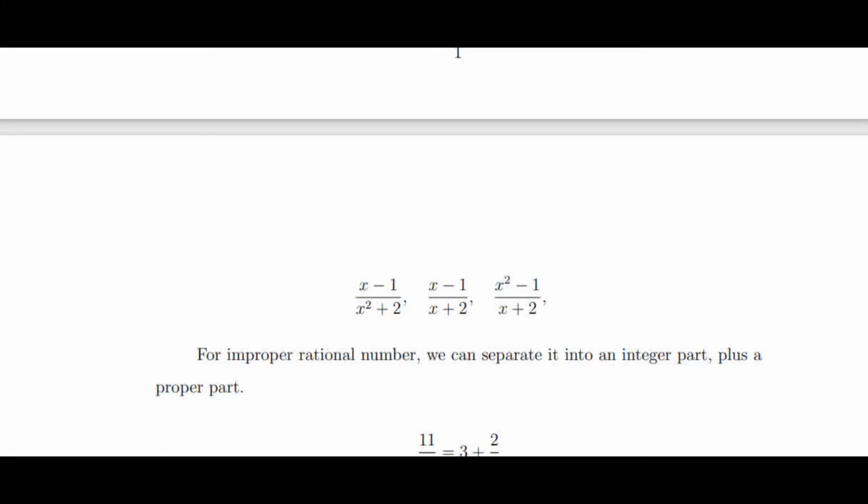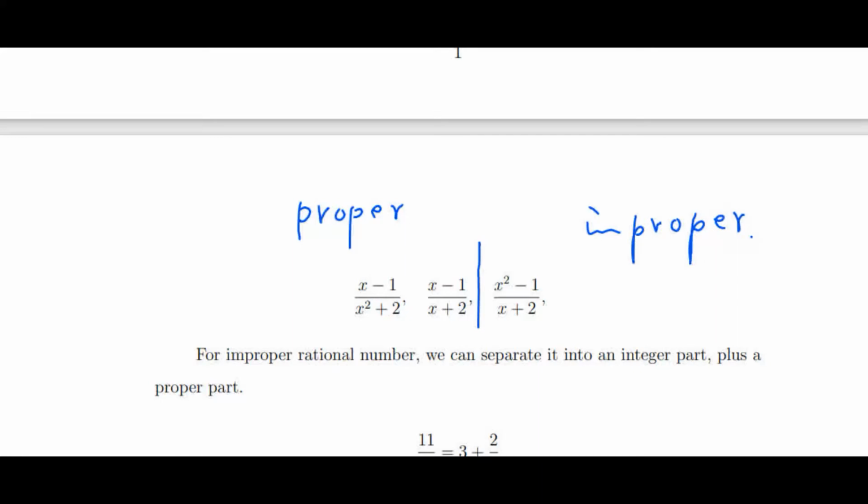For our convenience, we just put this as proper. So we call those proper and those improper. So we can say improper means the degree in numerator is larger than the degree in denominator.